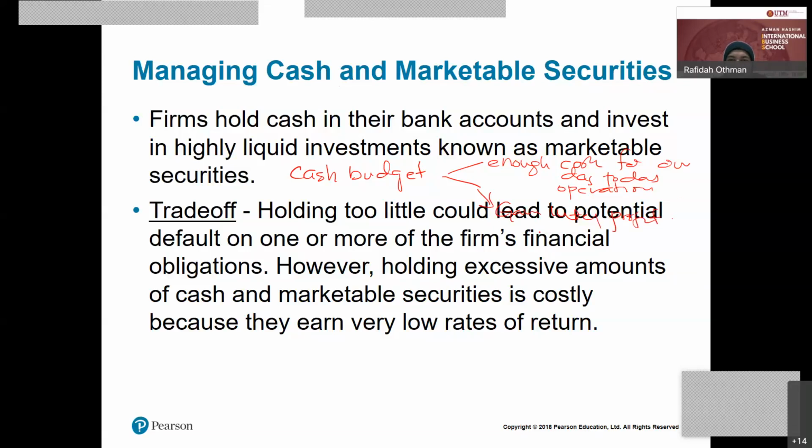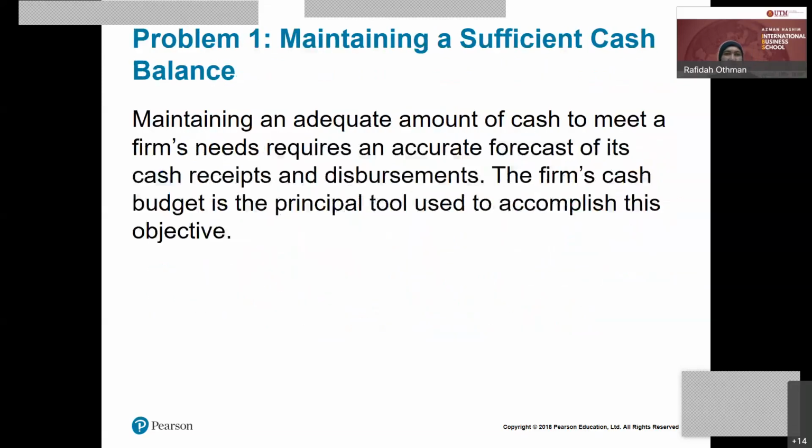This is investment. So we need to maintain a sufficient cash balance, and the cash budget is the principal tool to accomplish this. The rest of the money you will go and invest, because you need to have a return.